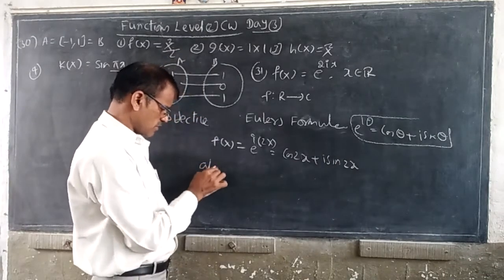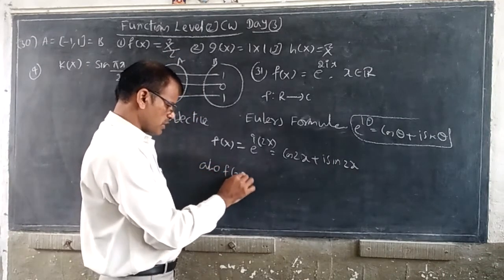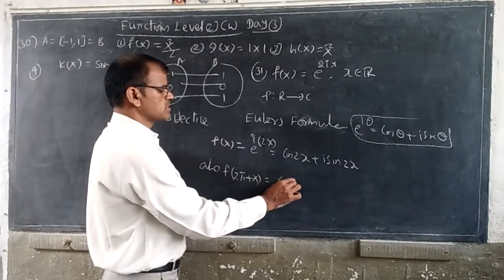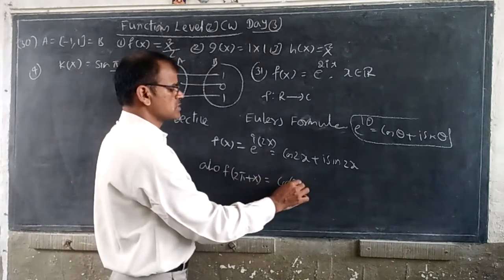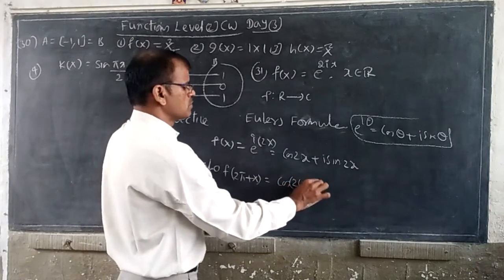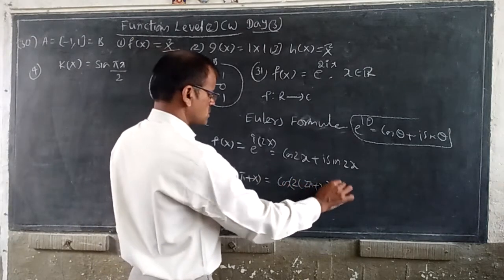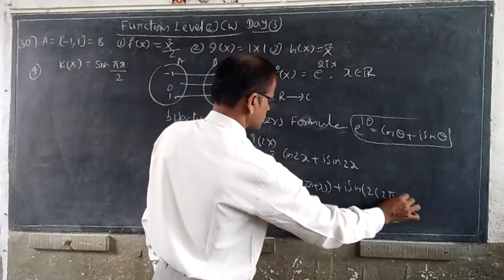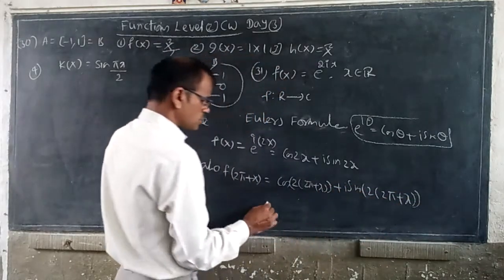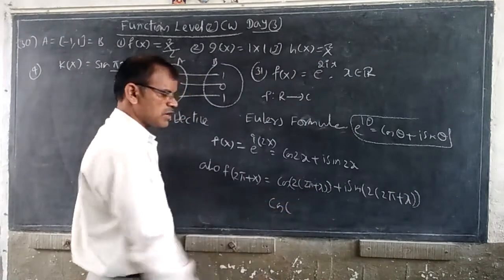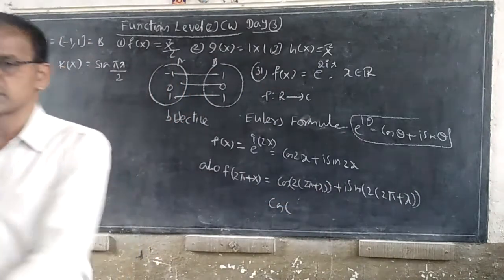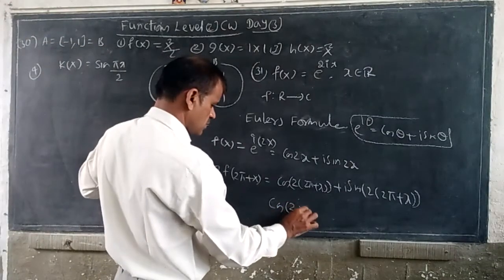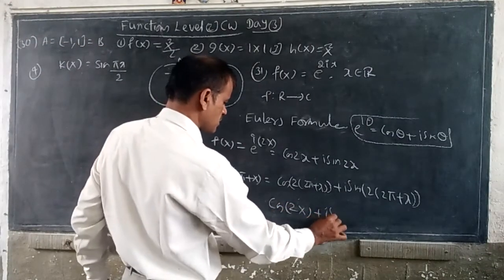Now we can also substitute f of 2 pi plus x: cos of 2 into (2 pi plus x) plus i sin of 2 into (2 pi plus x). So cos 2 into (2 pi plus x) means cos (4 pi plus 2x). Cos 4 pi is nothing but cos 0, so it is cos 2x directly, plus i sin 2x directly.